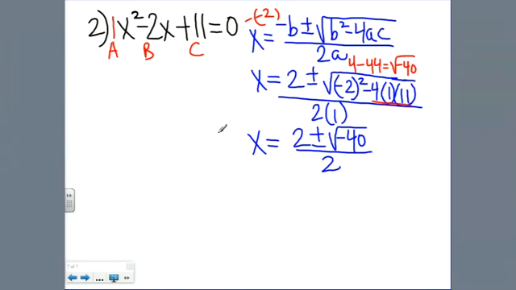Now, the square root of negative 40 is not a perfect square root, but we can pull out one of its factors that is a perfect square. So we can break down negative 40 as 4 times negative 1 times 10.